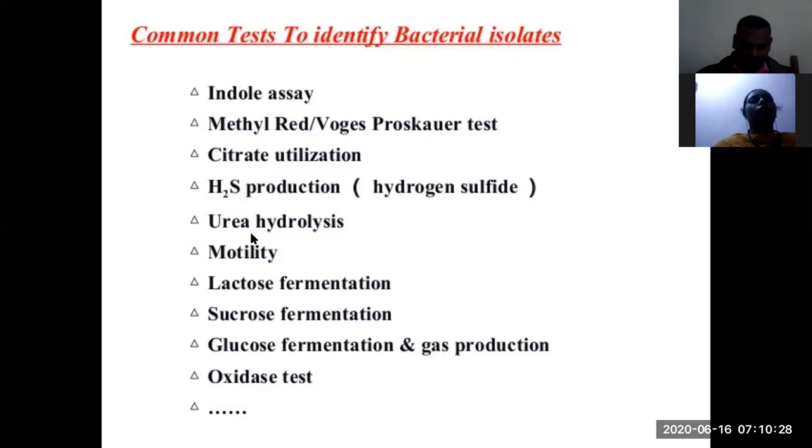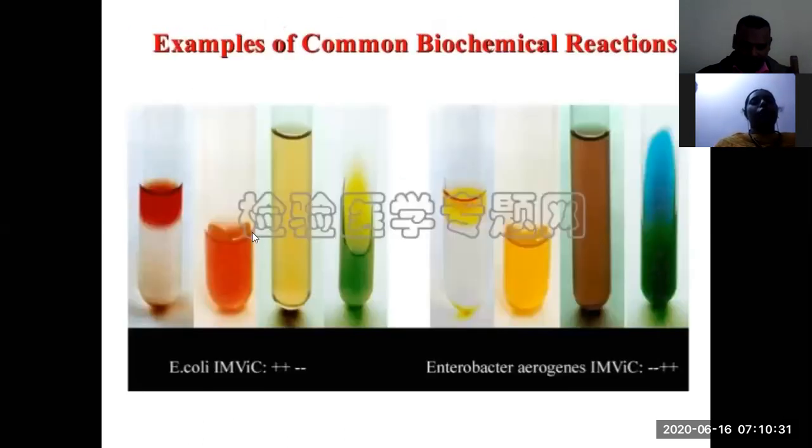Next, so now we have seen the morphological examination, then what? Isolation, culture, and identification of bacteria, antibiotic test, then biochemical test. Under biochemical test, we have studied a list of the biochemical tests available for identifying bacteria. Here I have just added the picture.